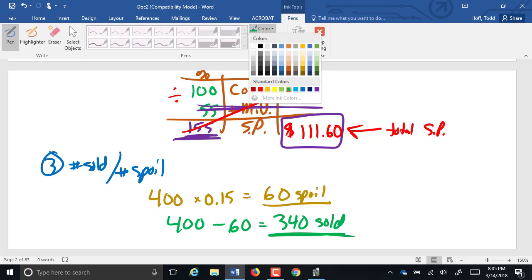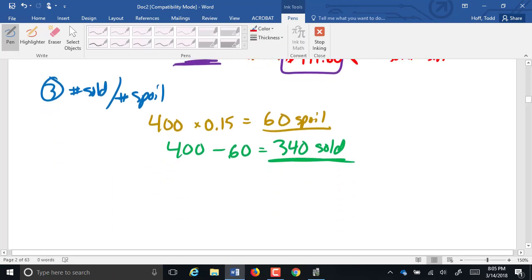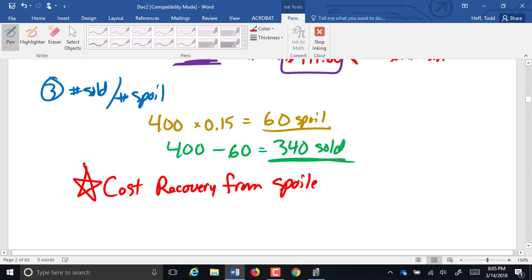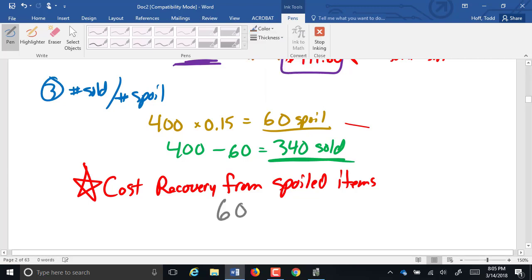Now there's a little intermediate step here before we go on to step 4. That's cost recovery from spoiled items. We have the 60 that spoiled, and we sold them at how much each? 20 cents. You're absolutely correct.